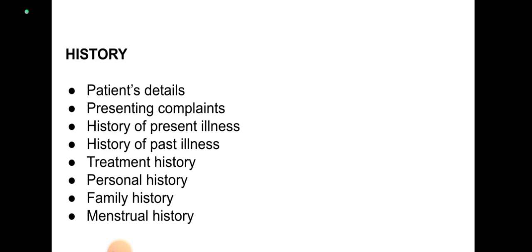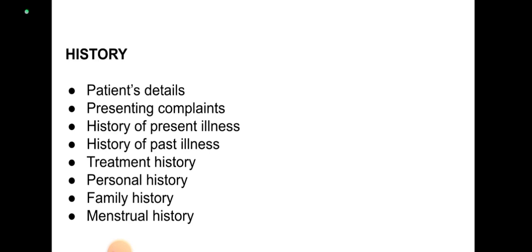Then we ask about the main problem or chief complaint for which the patient has come to the doctor. These problems are listed in chronological order of their appearance. Generally, the patient is allowed to tell by himself.